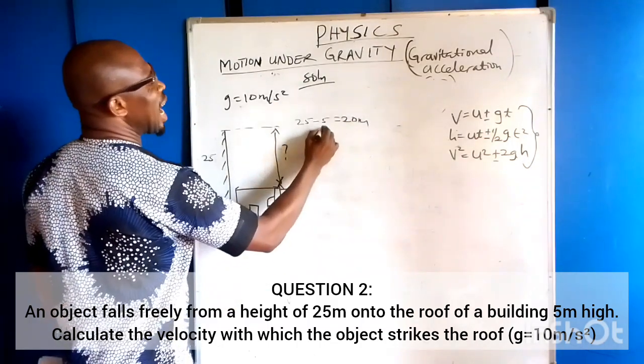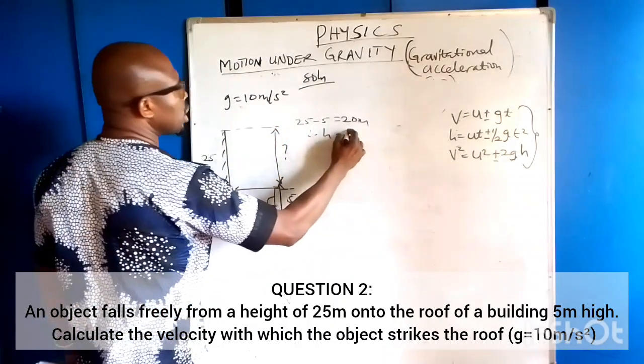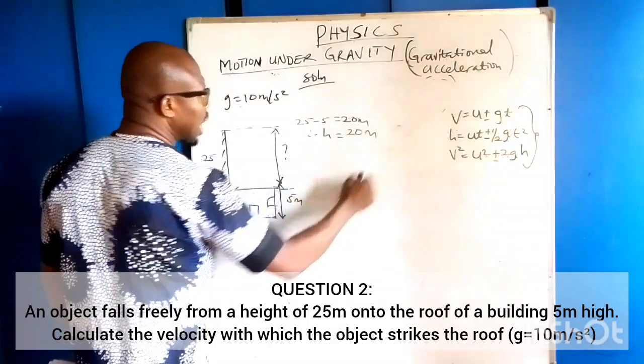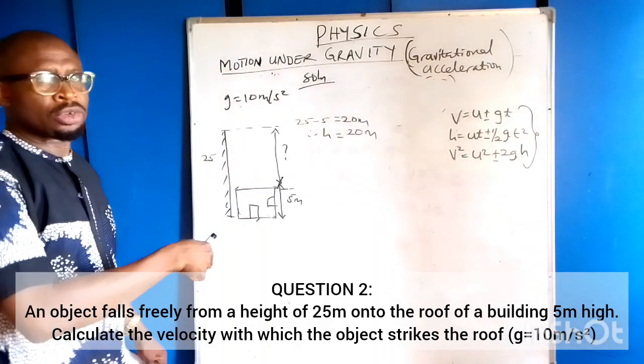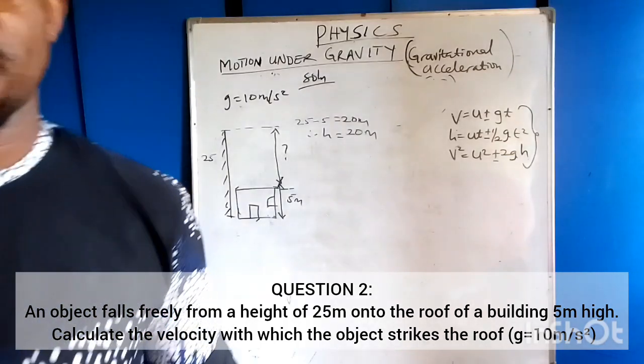Therefore, the height from which the object is falling is 20 meters, because it did not fall to the ground.